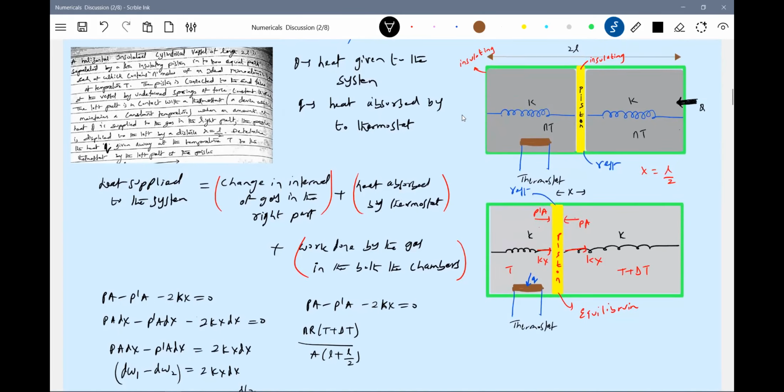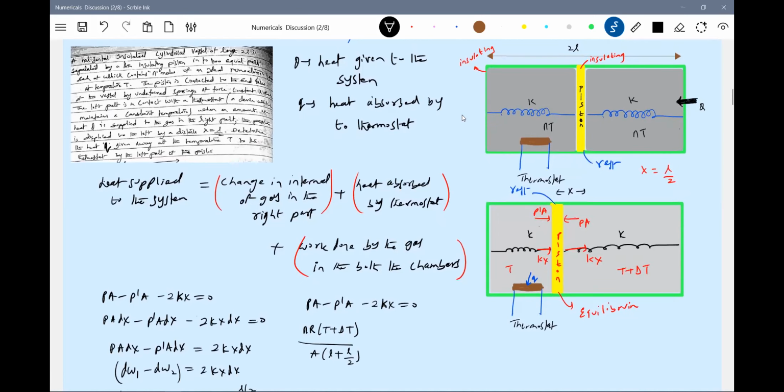Look at the diagram. Minus, okay, this is into A. P dash, what are you going to write? nR, the temperature remains T only, over A(L minus L by 2), minus 2 times K, and what is K equal to? This will become L by 2. Solving all this, I'll get that delta T.